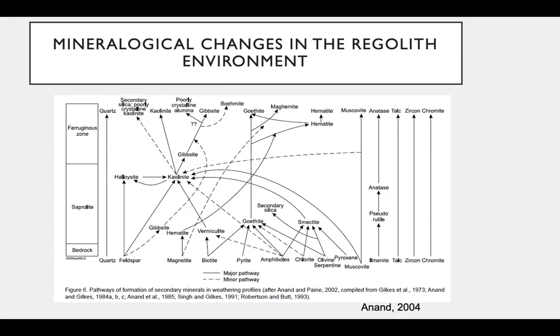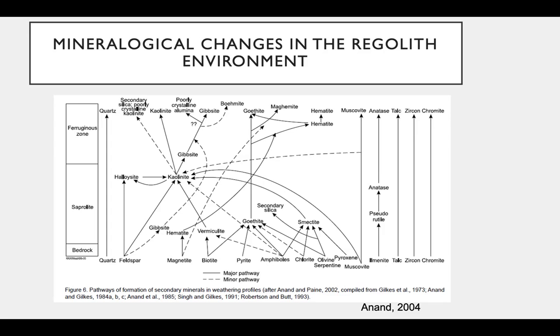There's a complicated series of mineralogical changes that goes on. I'll just note that the regolith environment is essentially the overburden in geology. Australia has very prominent regolith profiles. Many of our rocks are very old, and they might have spent upwards of 100 million years at the surface, progressively being weathered and broken down into soil products.